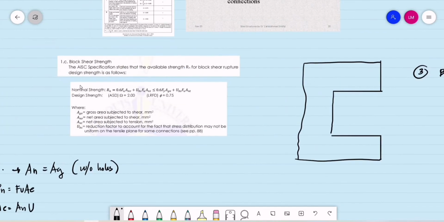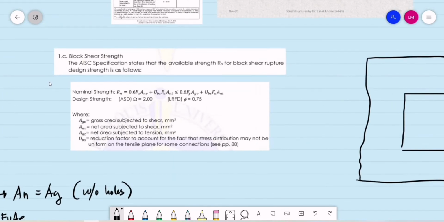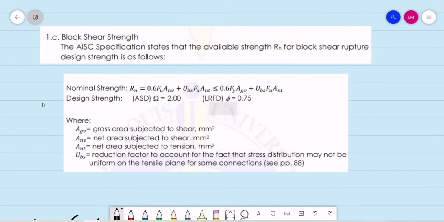Okay, so we have the provision. The AISC specification states that the available strength Rn for block shear rupture design strength is as follows. The nominal strength Rn is equal to 0.6 Fu Anv plus U sub BS Fu Ant, which should be less than or equal to 0.6 Fy Agv plus U sub BS Fu Ant.